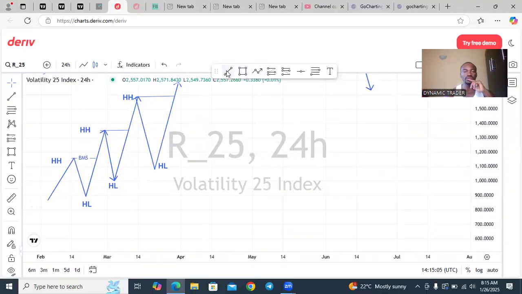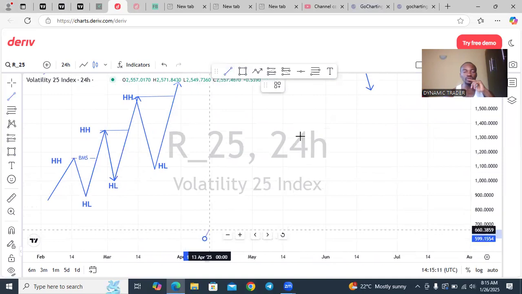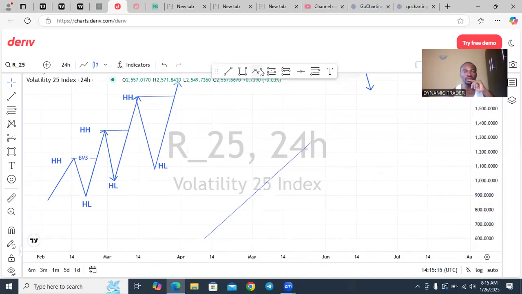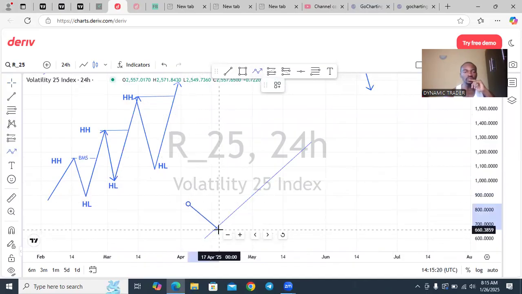Now, what I said is for you to trade trend line correctly, you mark out the trend line, joining points together. All right. So you have to see this structure first.